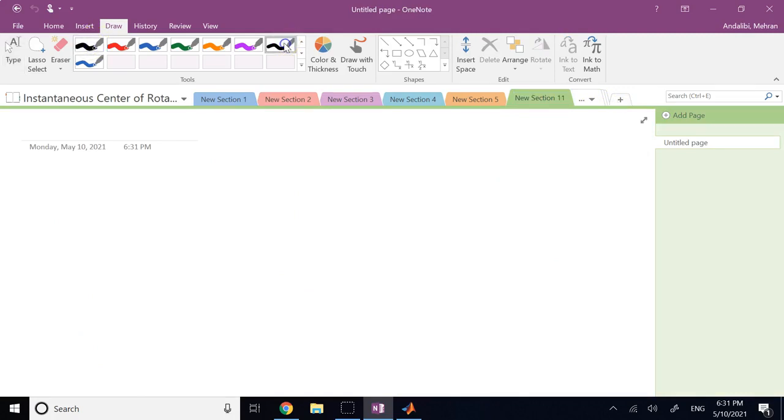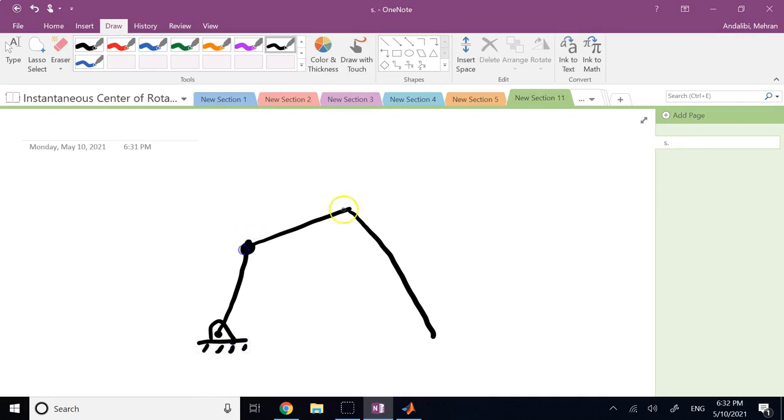I just want to make sure you know the laws of sines and cosines. So let's say I have this 4-bar linkage, correct? And the length of these members are given. So L1 is given, L2 is given, L3 is given.